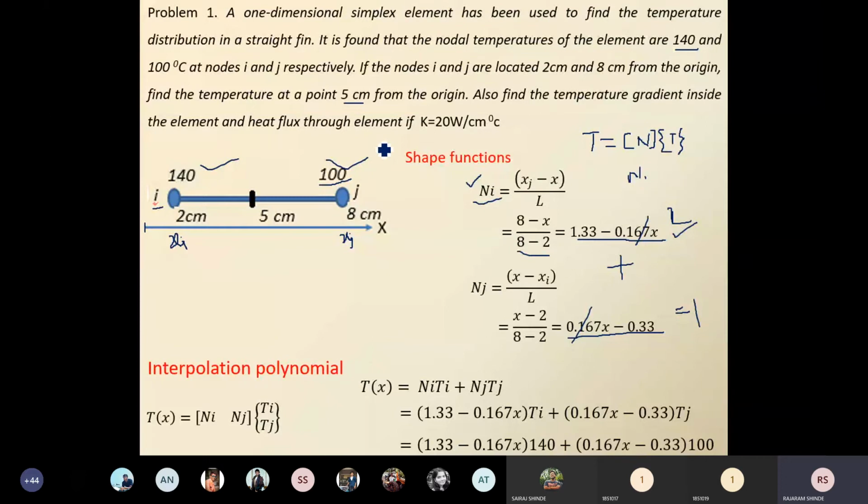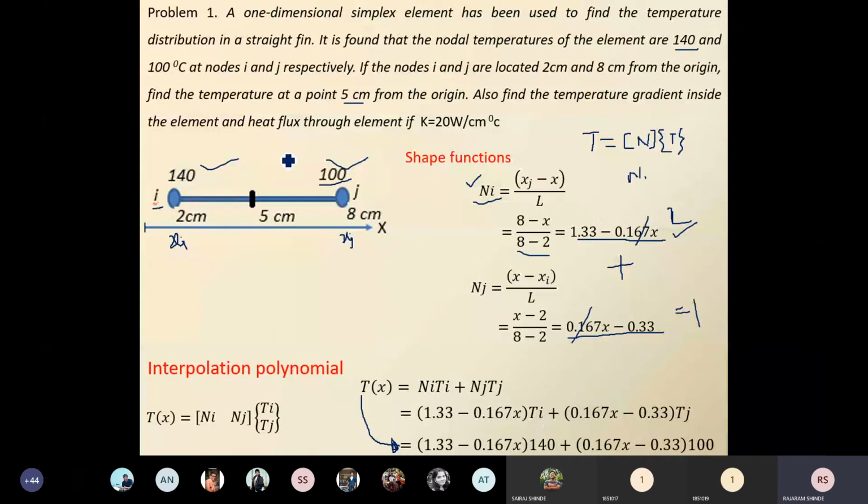Now what is our question? The question is you have to calculate the temperature at 5 centimeter from the origin. This interpolation polynomial is the variation of the field variable within the element. Now you can calculate the temperature at any location on the element by using the value of x at that location.